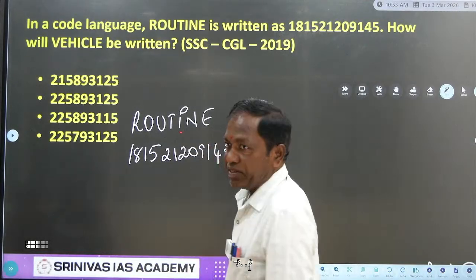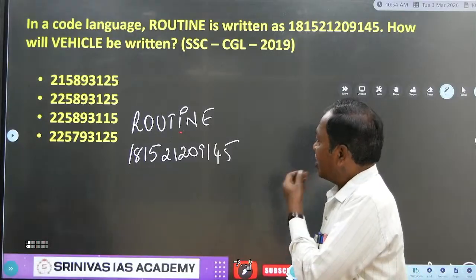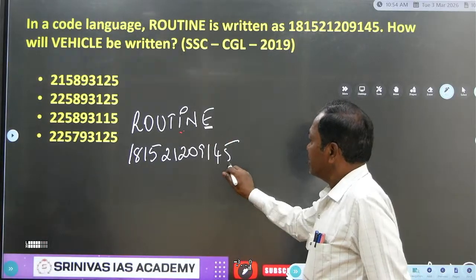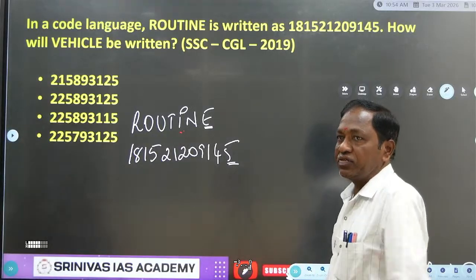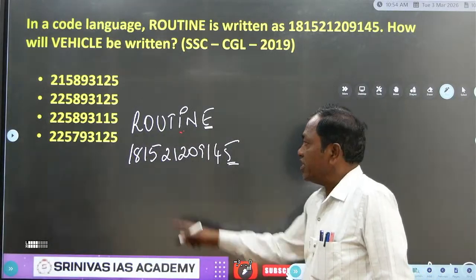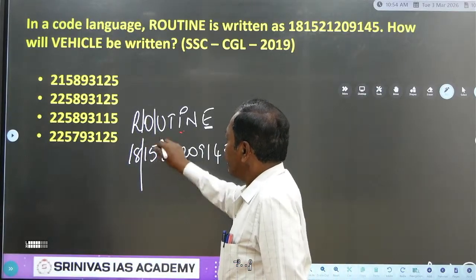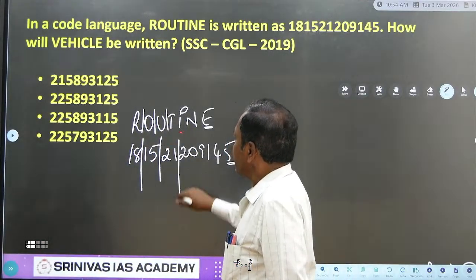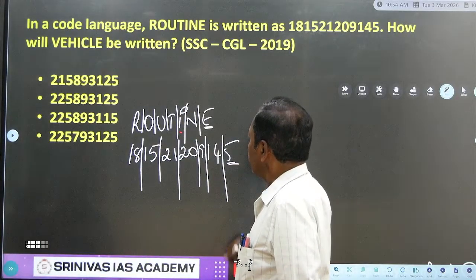I think it is a very big number. Okay, let's see, but the last letter is E, this is 5. The last digit is 5. R is the 18th letter, so 18 you can take. O is the 15th letter, U is the 21st letter, T is the 20th letter, I is the 9th letter, N is the 14th letter.